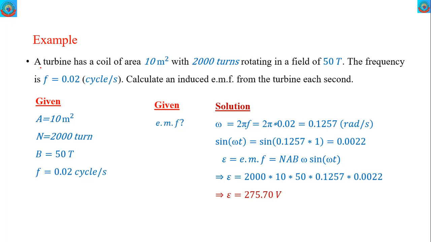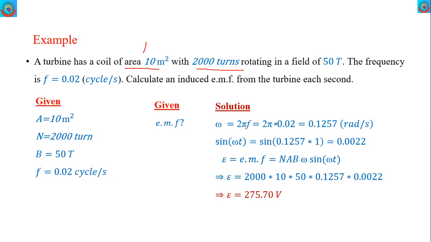A turbine is something that rotates and creates a rotating field. So when a turbine has a coil of area, with number of turns given, rotating in a field of B, these are given.